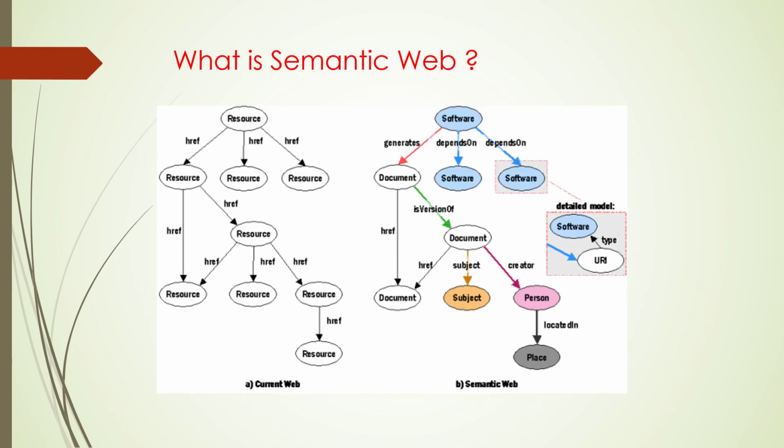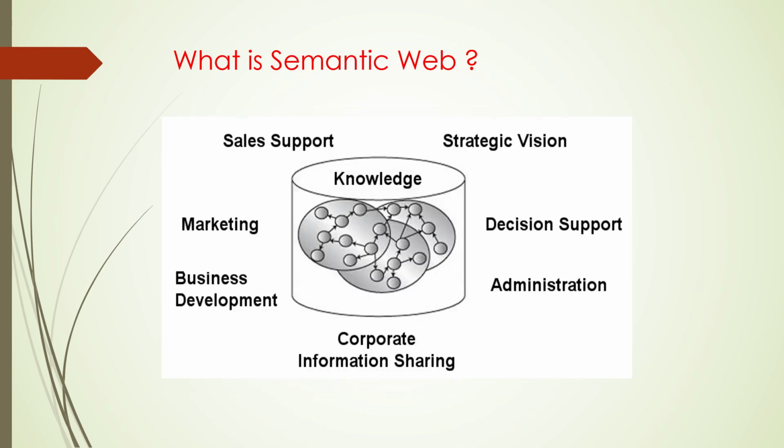Here's another example for web semantics. In the current web, we have just linking resources, but in web semantics, we have semantics of those resources that are linking. So that's the good thing about web semantics. Web semantics is a way to store knowledge somehow.